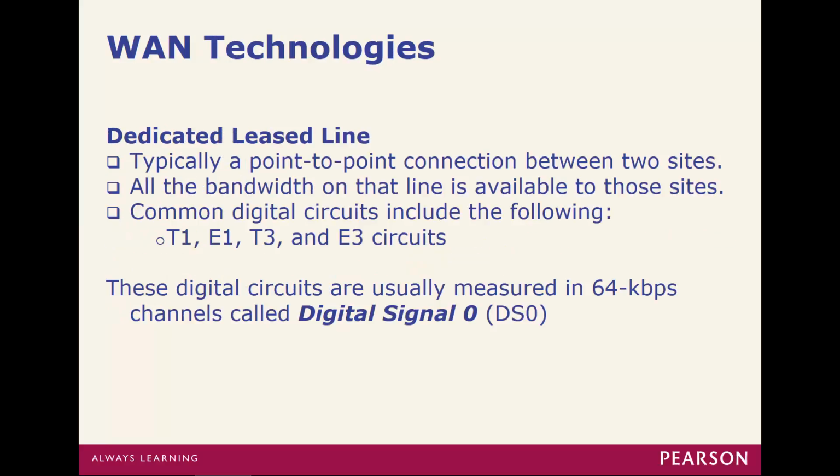Our WAN technologies, getting back to our dedicated leased lines, that's that T1, T3, E1, E3. These digital circuits are usually measured in 64 kilobit per second channels, and those channels are called digital signal zeros, or DS0s. And so, what does that mean?